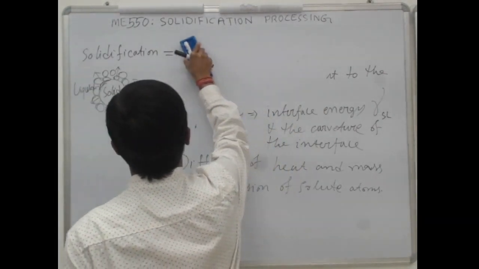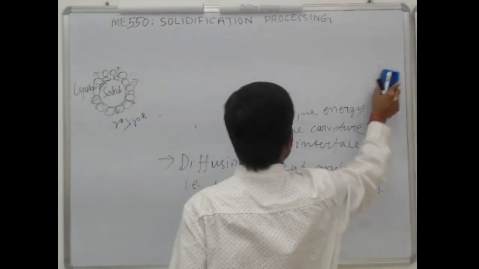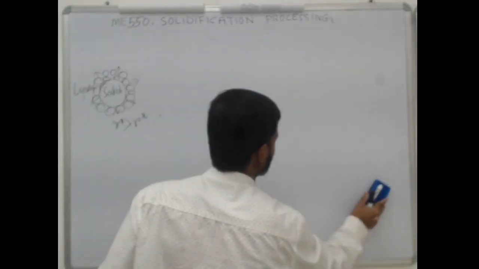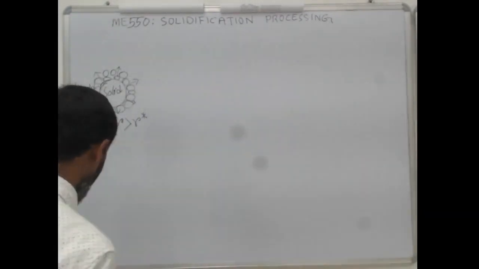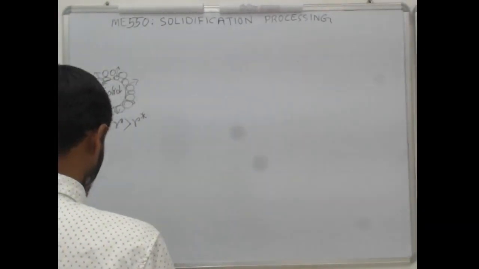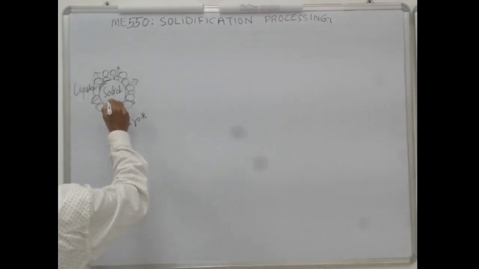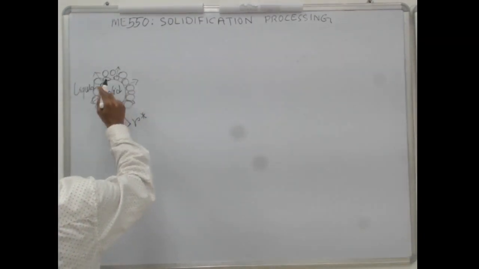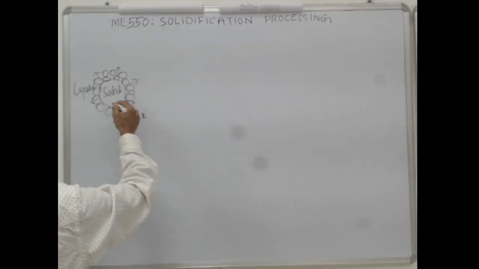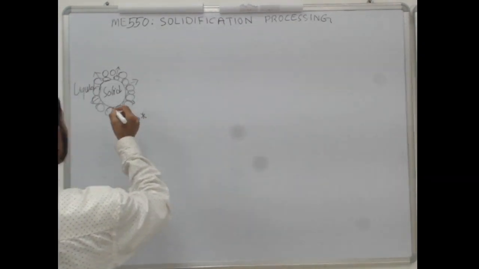Now, when the nucleus or the interface grows, the growth can have different types of morphology.